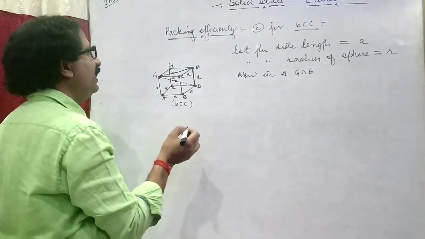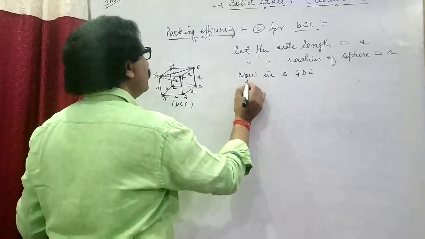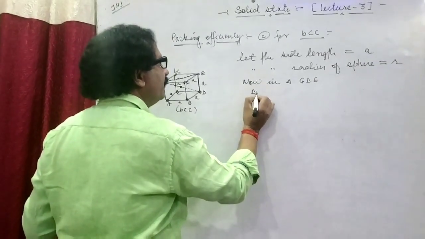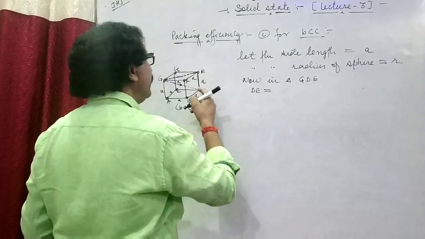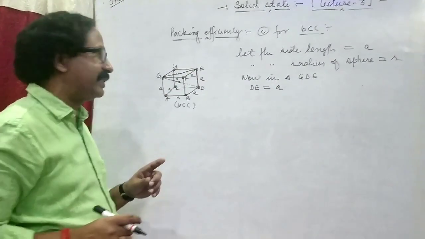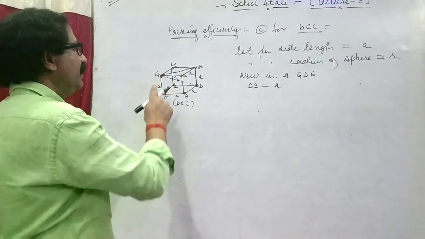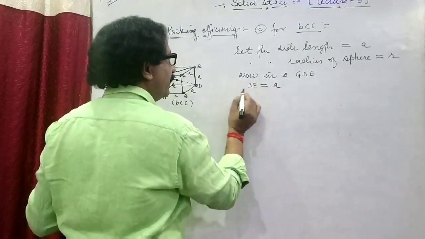In triangle GDE, what is the value of DE? Here DE must be equal to A. Why? Because it is the side of the unit cell. And what will be the value of GD?